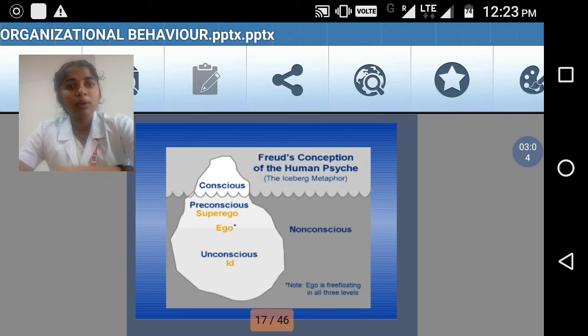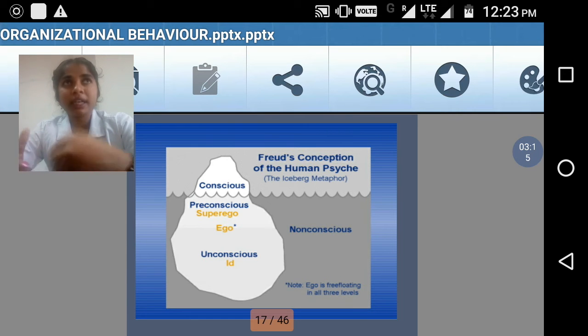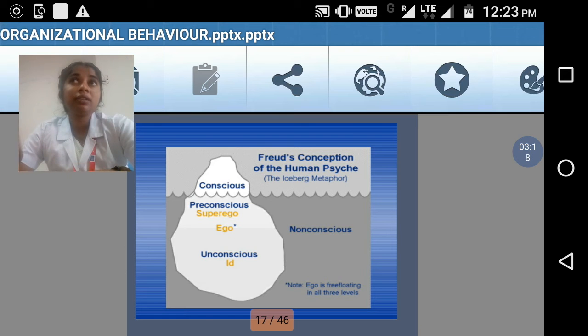Ego is the mediator of the id and superego. It is the center between the id and the superego. If it cannot get something, it needs to think whether that is right or wrong. So that is the ego.